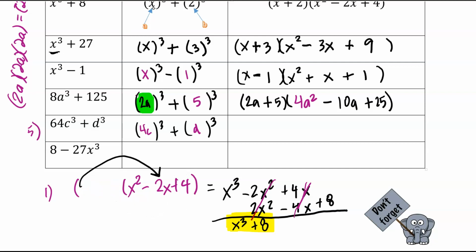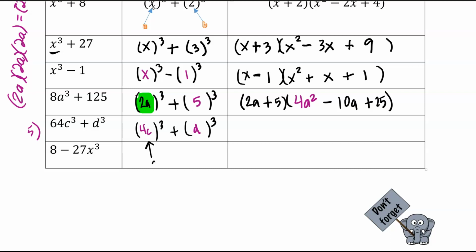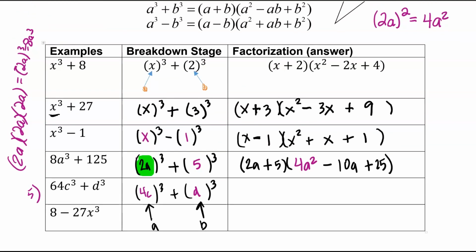Now, let's follow our formula for the sum of cubes, which is A plus B first. So A plus B, in our case, A is 4c and B is d. So when we follow the formula, we're going to put 4c plus d for the first parenthesis. Now, again, this is the tricky part.